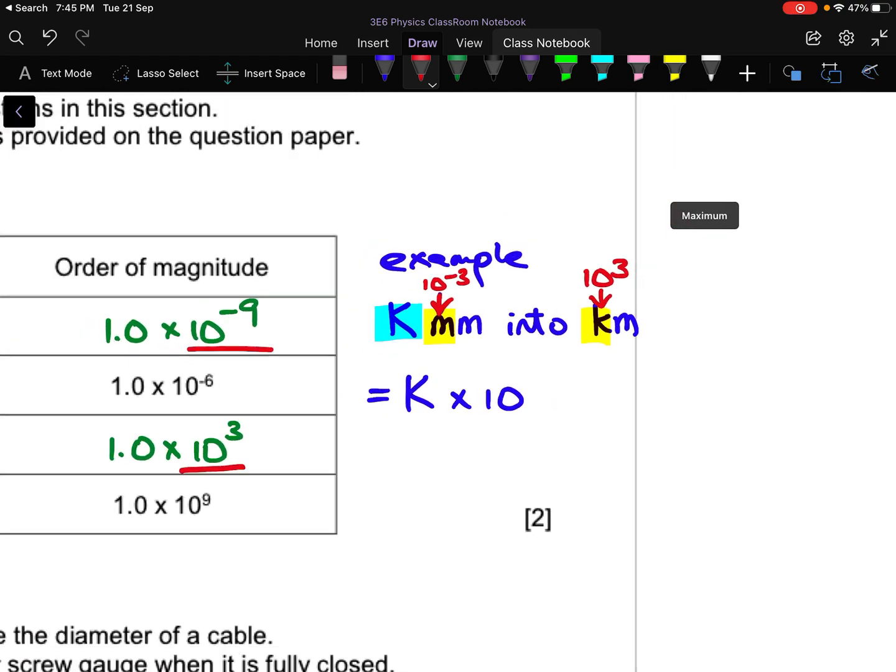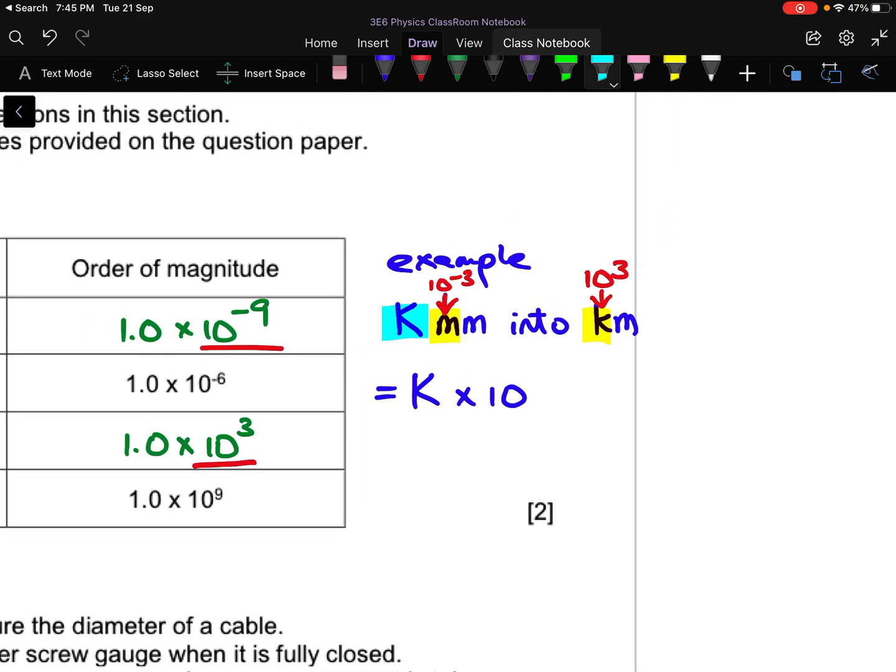Now that your mathematics should be able to catch up, the power here is the key to solve this equation. Maybe I use another color, maybe green. What you do is that you just need to put the old power minus the new power.